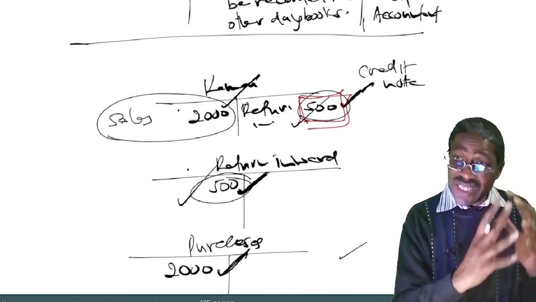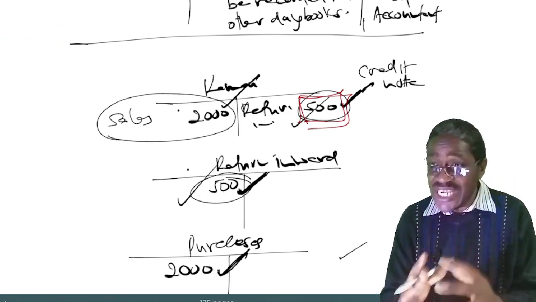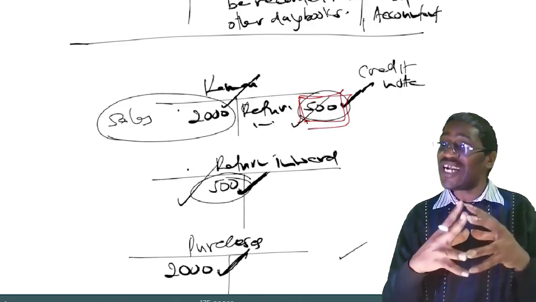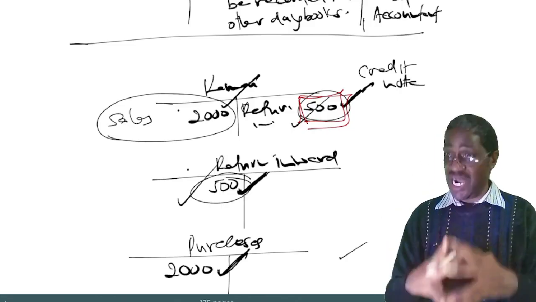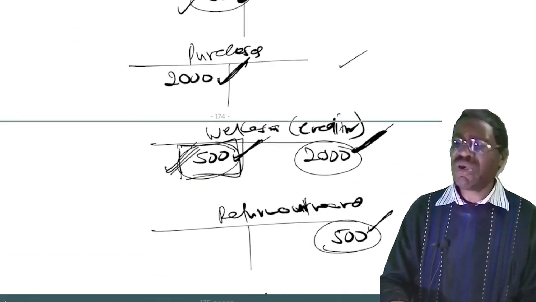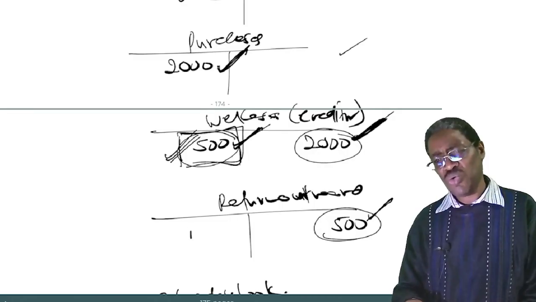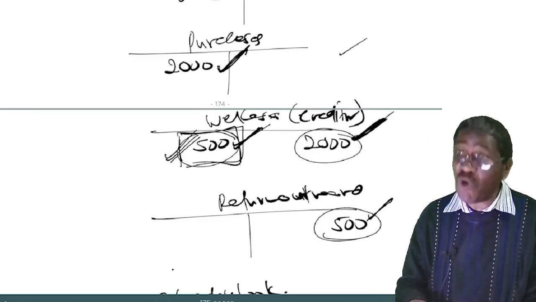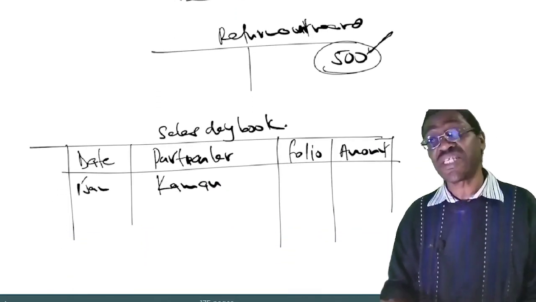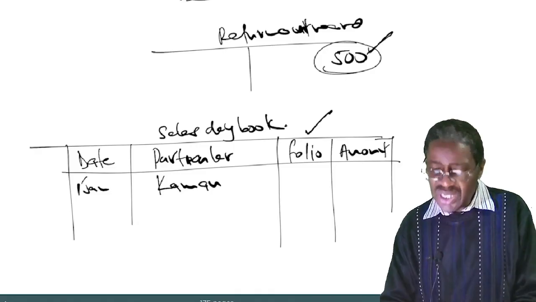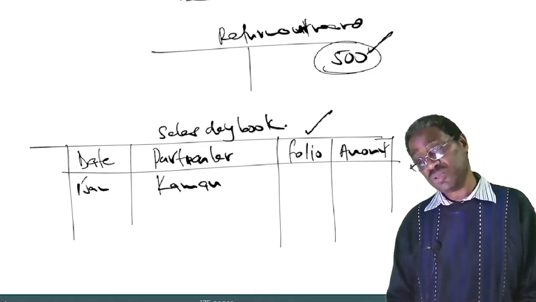Before a transaction is recorded in a ledger account, it first must be recorded in a day book, which we have done. But in this same day book, you may want to tell whoever looks at it, if he wants to go and look at the account of Kamau, where can he get it? That's what you refer to him under the column of folio.